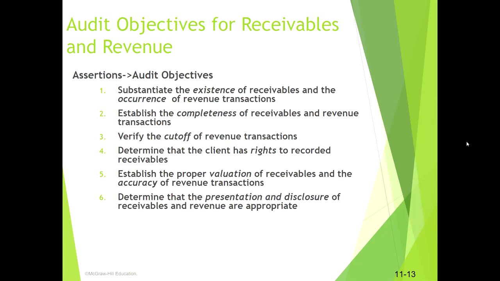They weren't just artificially created and posted to the revenue account. But again, those two concepts are so similar. It's really about the validity of the transactions and the resulting balance in the balance sheet from accounts receivable. But we have our other 6, but existence and occurrence is definitely probably the primary one we're focused on.